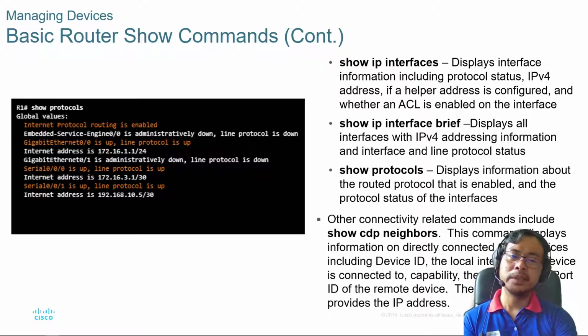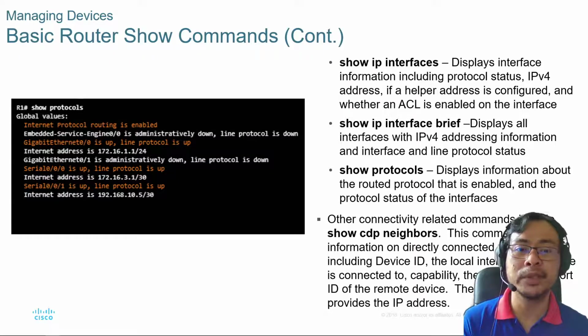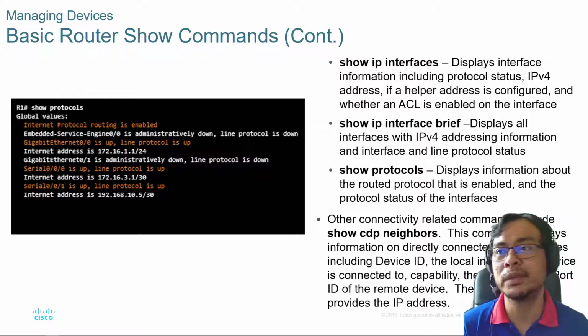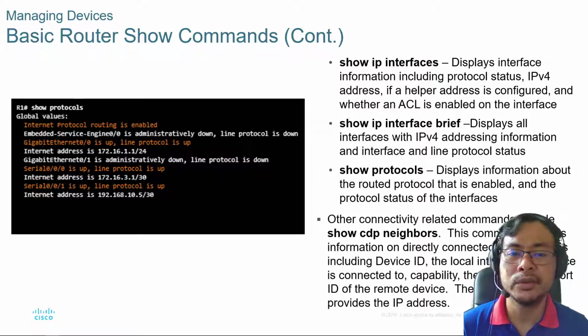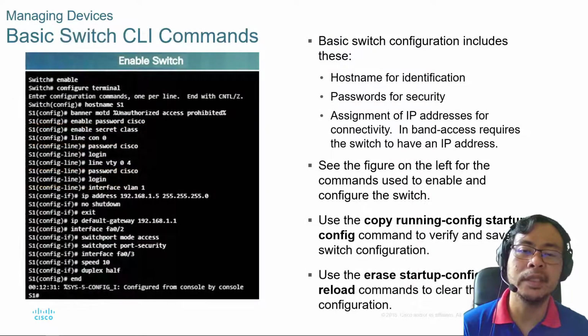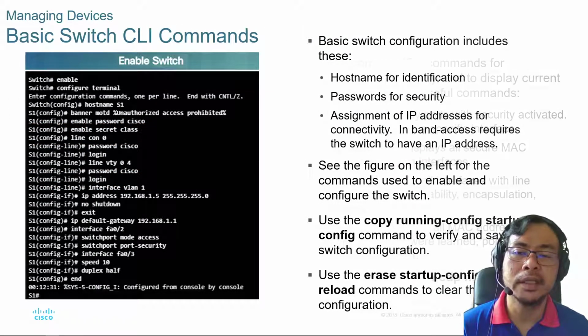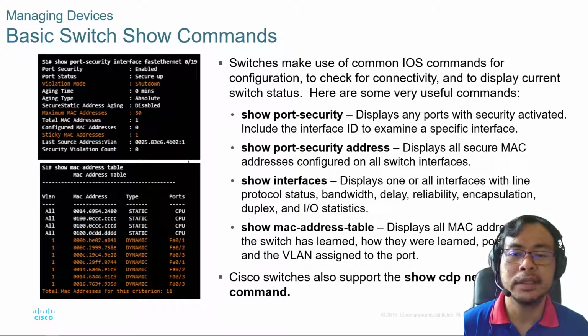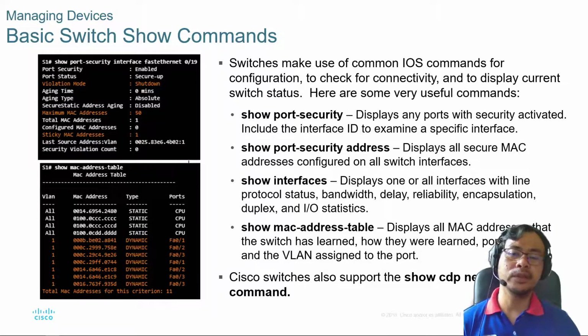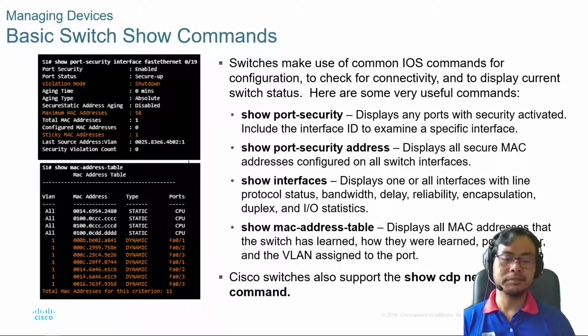The show IP interfaces, show IP interface brief, show protocols, CDP neighbors for the Cisco Discovery Protocol. So you can easily check all the neighboring Cisco devices, and that's it. Port security, show port security address, show interfaces, show MAC address table. Nasabi ko na kanina.